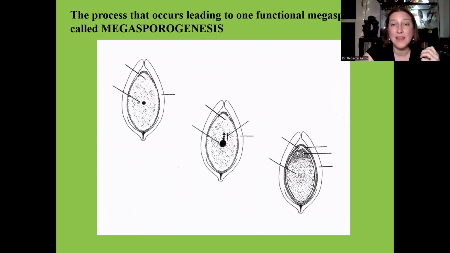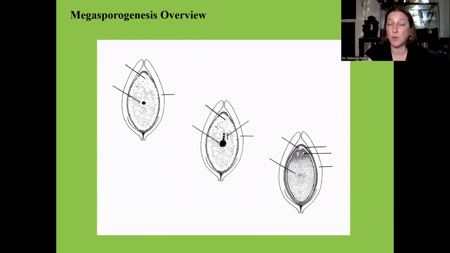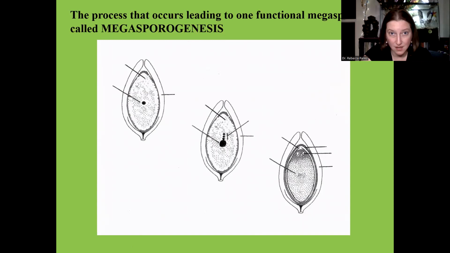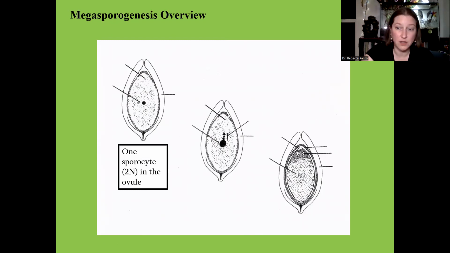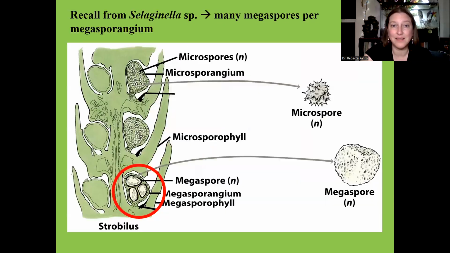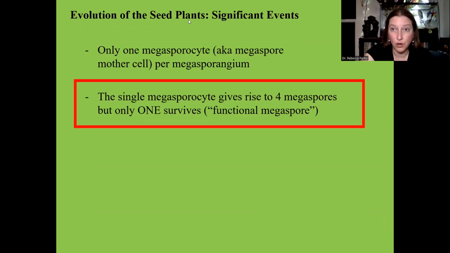Okay, so these drawings here are ovules. I'm going to walk you through this process called Megasporogenesis. It's a process. So what happens? First thing is you have 1 sporocyte, which is a megasporocyte or megaspore mother cell. That's what I was talking about here, right?